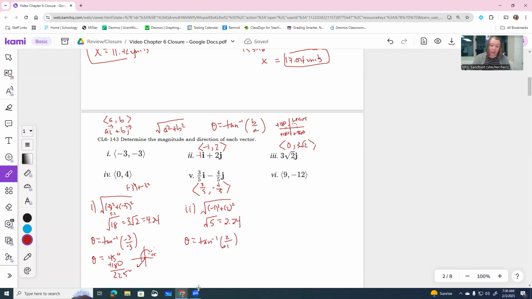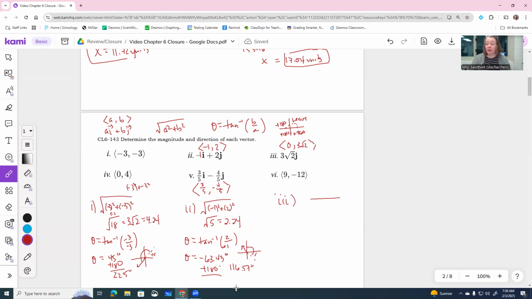And then when you put that into your calculator, you get -63.43 degrees. Again, you're thinking, okay, if I were to plot this -1, 2, the vector would be up here. The calculator is giving you this negative angle, you have to add 180. So anything in the second quadrant, you have to add 180. So that gives us 116.57 degrees.